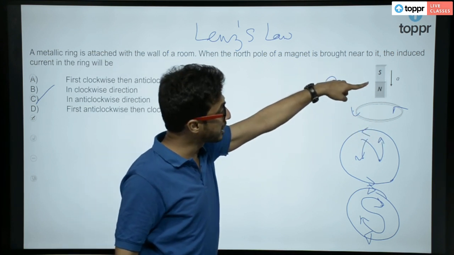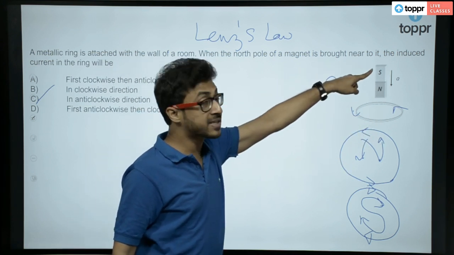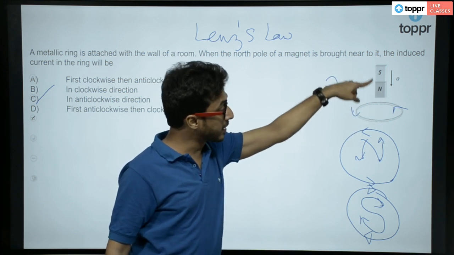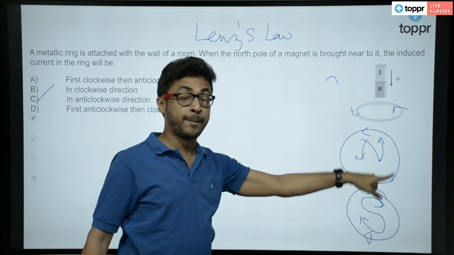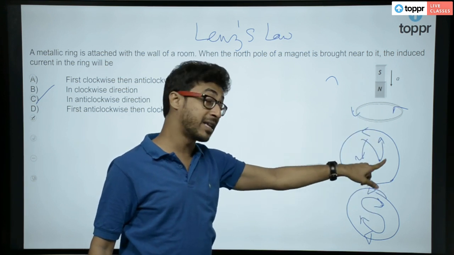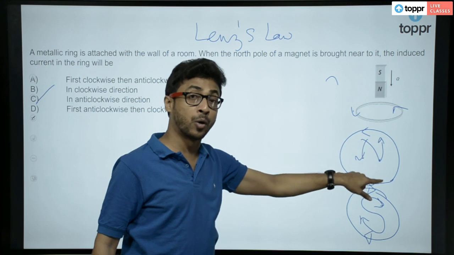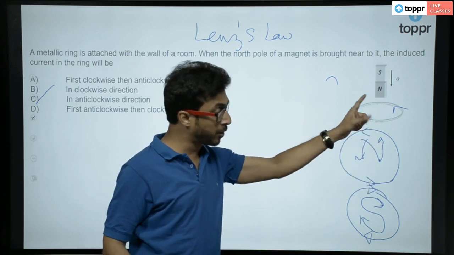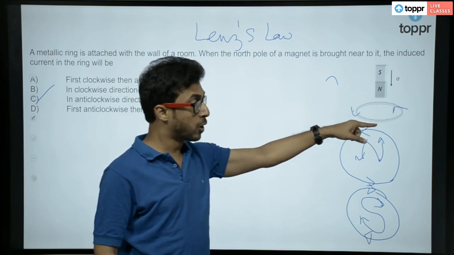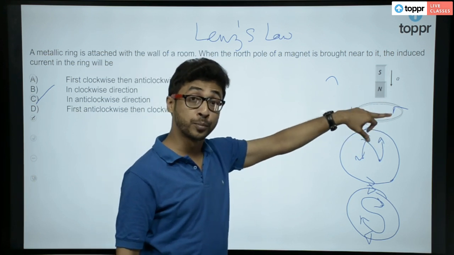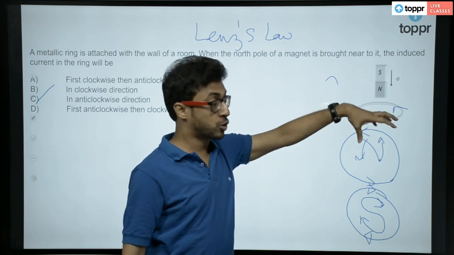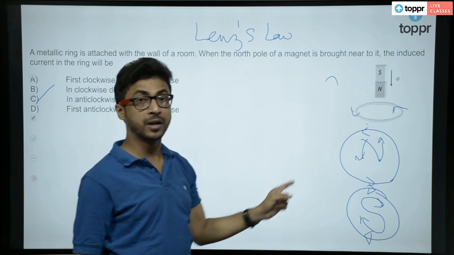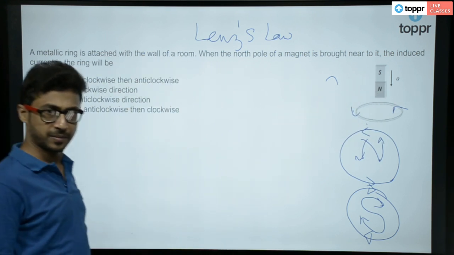Now see, if the magnet goes down, then the south pole is going away. Very interesting: the south pole going away means, to oppose the motion, the other part will generate a north pole so that it can attract it. To generate a north pole, again the current will flow in the anti-clockwise direction.